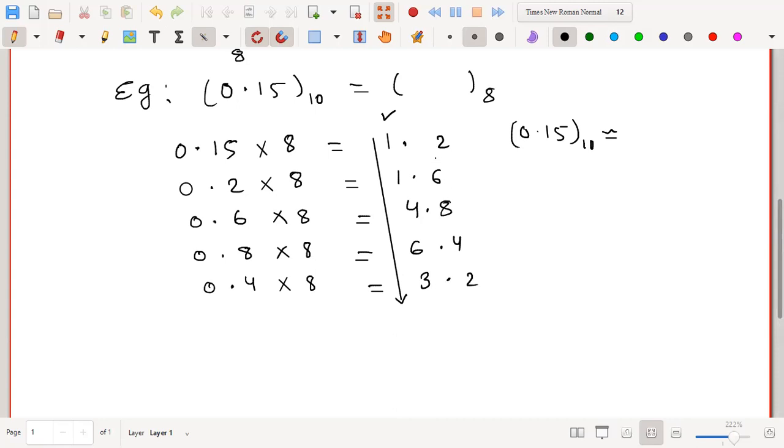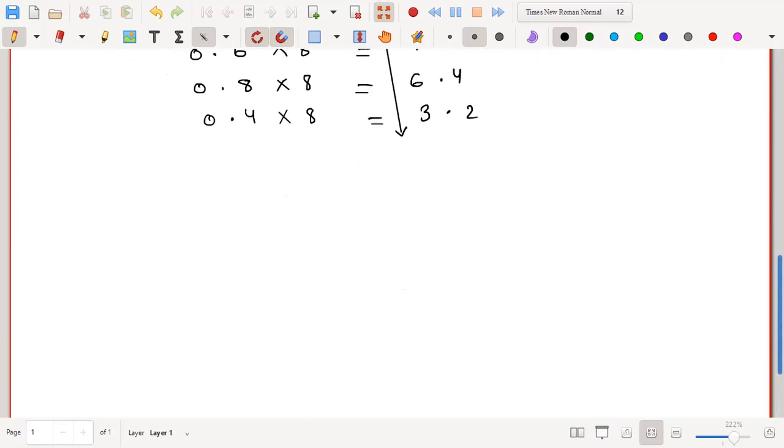We'll just approximate this. It is approximately equal to 0.11463 to the base 8. Sorry, there should be a point here. So this is how you write the conversion from a fractional decimal number into a fractional octal number. Now let us go to the next one.